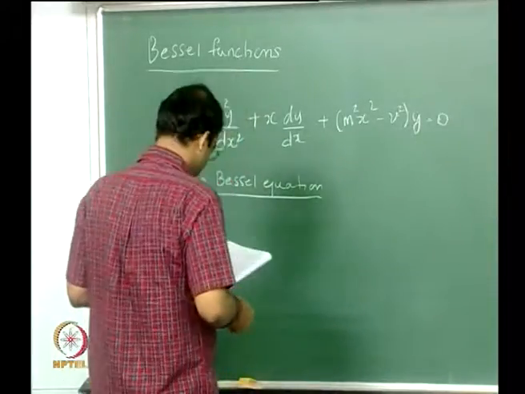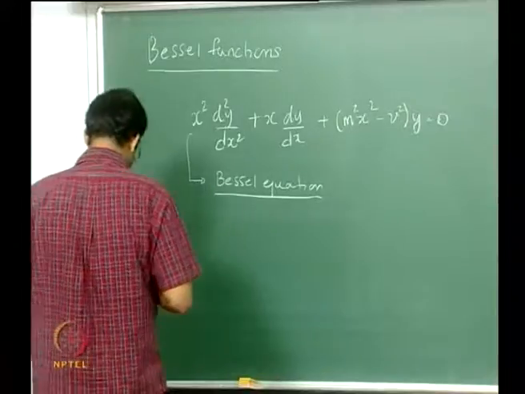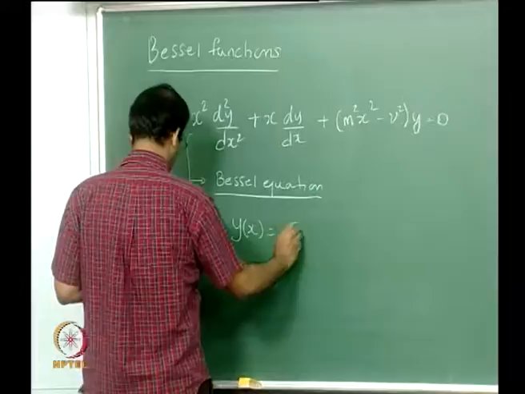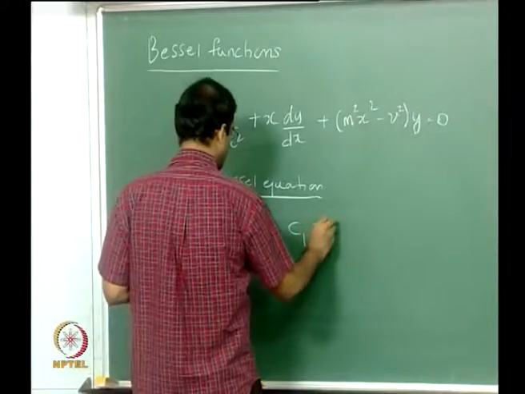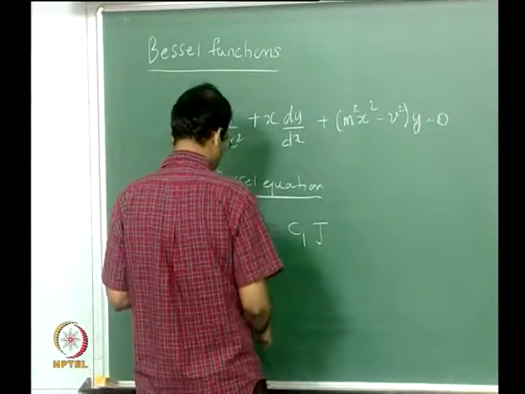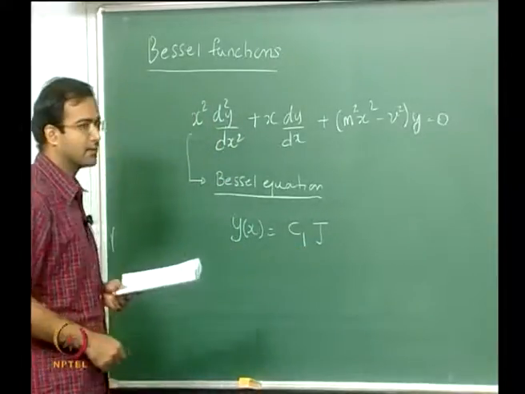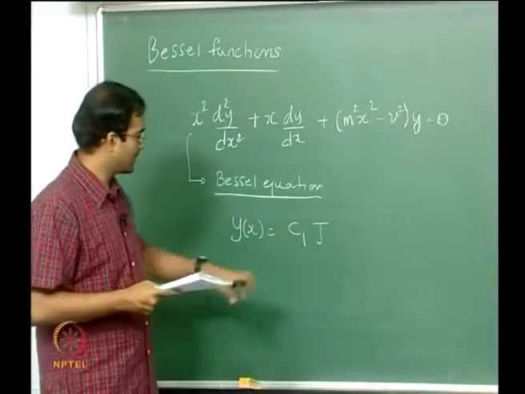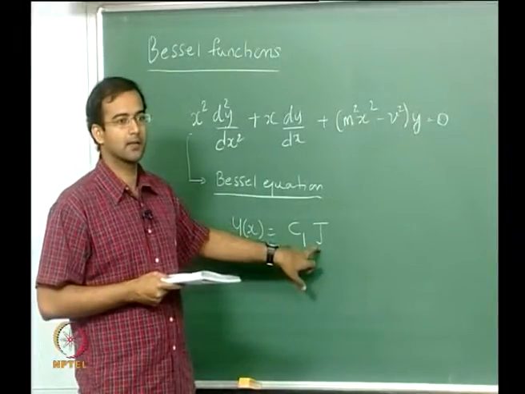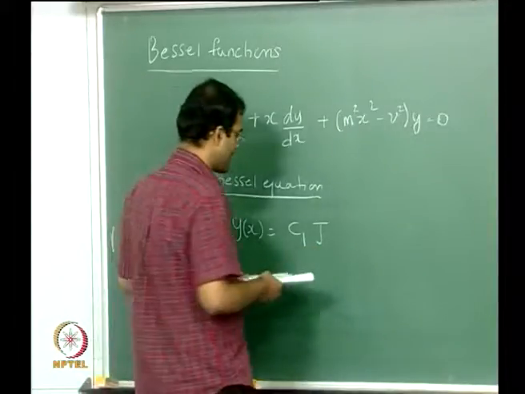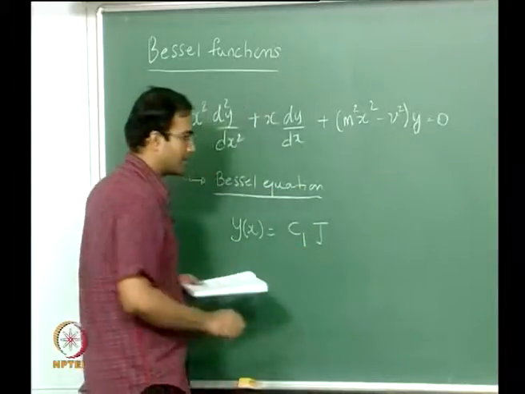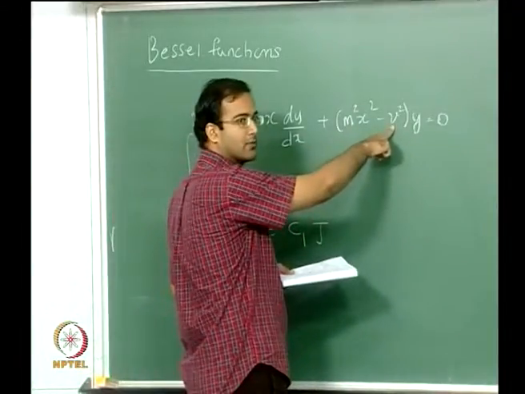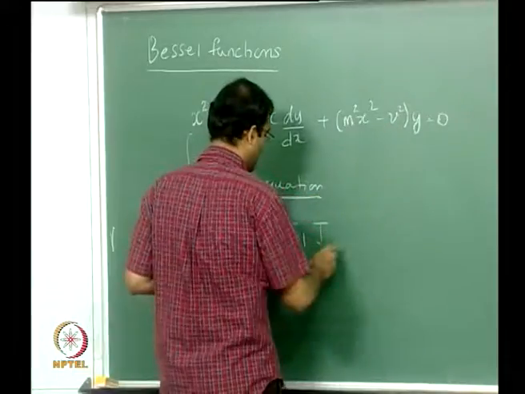So the solution to the Bessel equation is given as y of x equal to some constant c1 times a Bessel function. There are two kinds: the Bessel function of the first kind and the Bessel function of the second kind. The Bessel function of the first kind is represented by the letter J, and the order of the Bessel function is denoted by nu, which is any real number.